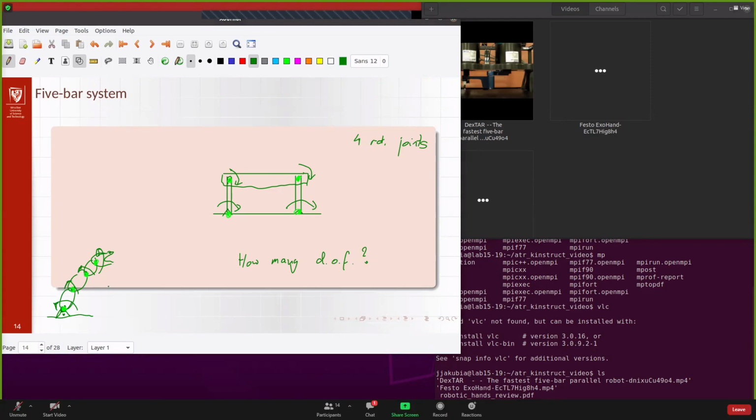So yes, here we have 4 independent controls. So in fact, there are 4 degrees of freedom at the level of the joint space.